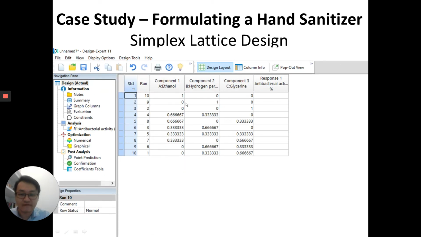So after you formulate this, then you will run the experiments. And after you run the experiments, then you can go to the analysis and optimizations like what I already taught in three-level factorial and the CCD.